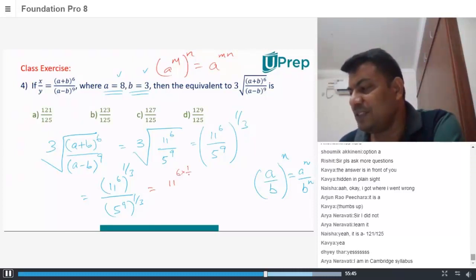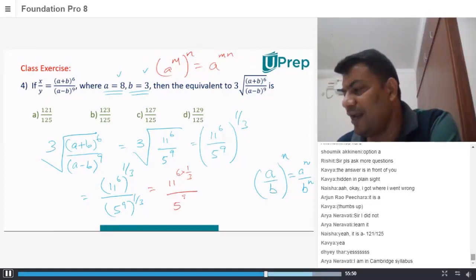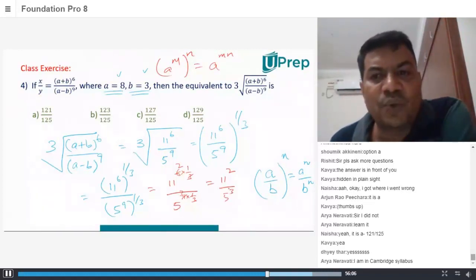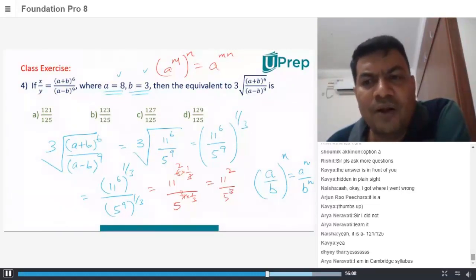Similarly, in the denominator, you have 5 to the power of 9 into 1 by 3. Basically, 3 ones are 3, 3 twos are 6. Therefore, it is 11 to the power of 2 divided by 5 to the power of 3. So your answer is 11 square upon 5 to the power of 3.